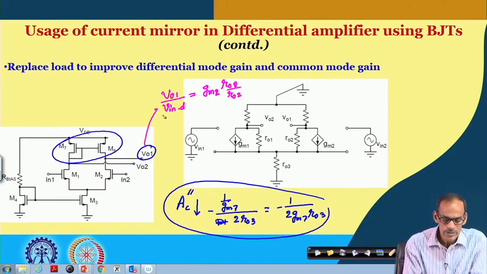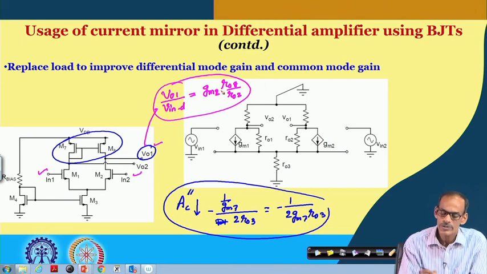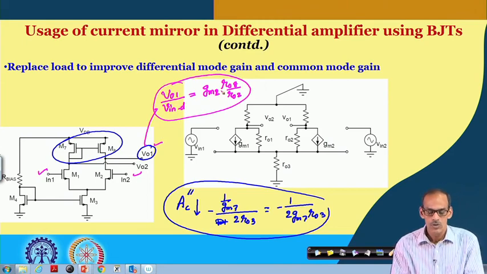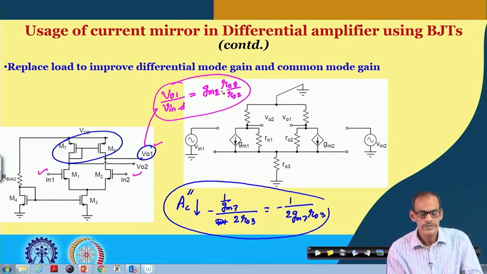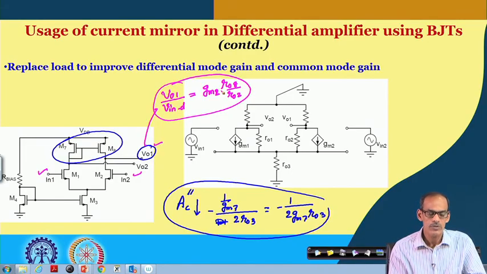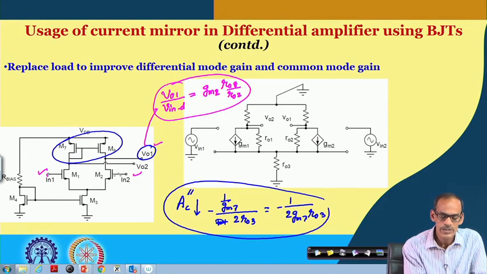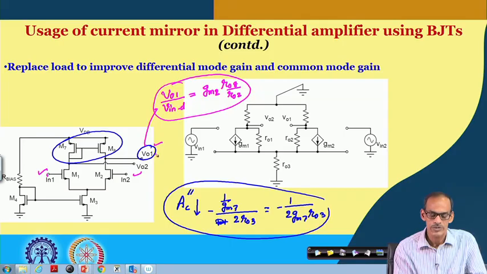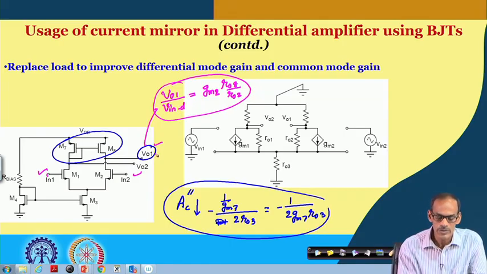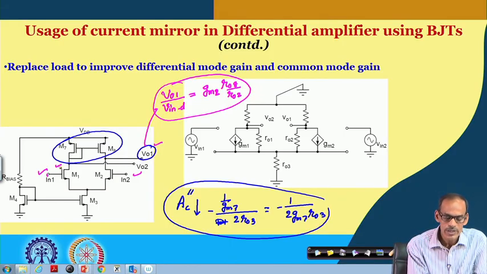So, we can say that the differential input to single ended output gain is the same as whatever gain we obtained earlier. So, that is why this circuit is very popular to convert a differential signal into a single ended signal.